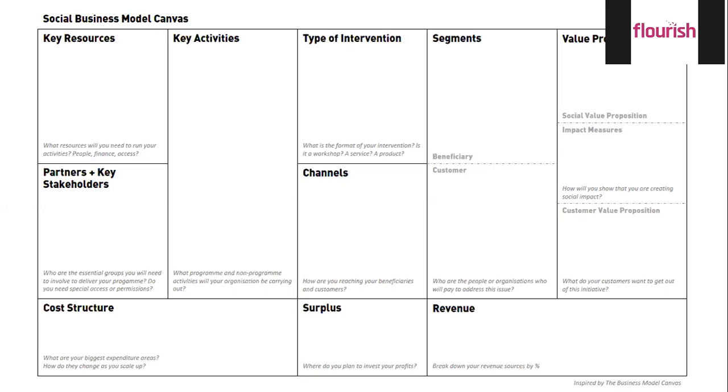And the only other bits to sort of cover off really that we've not looked at, absolutely, is the section across the bottom. Once you start looking at your cost structure, whether or not you're making surpluses yet or whether you plan to in the future, what you're going to do, where you invest those, is going to be key. And revenue is about breaking that down and looking at what your different revenue sources are going to look like. This is set up as a way of planning growth, if I'm honest.